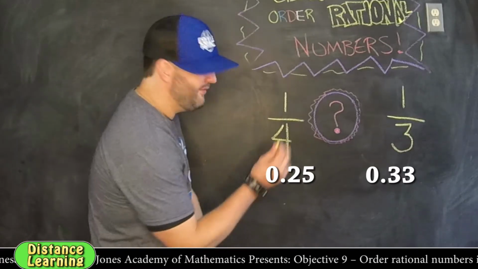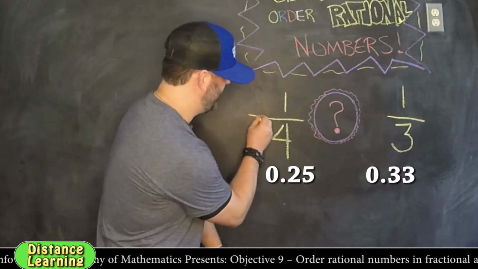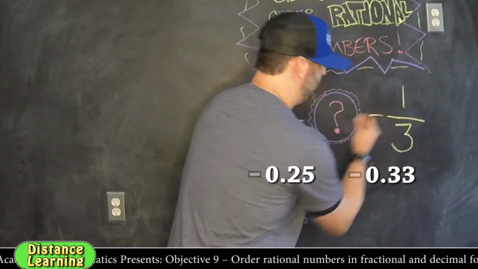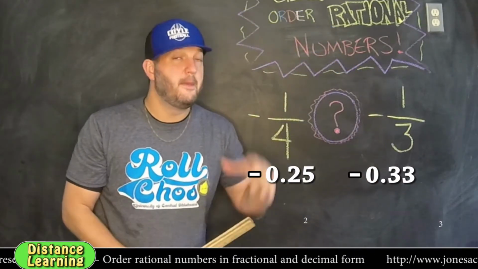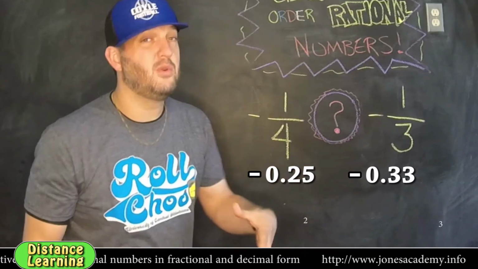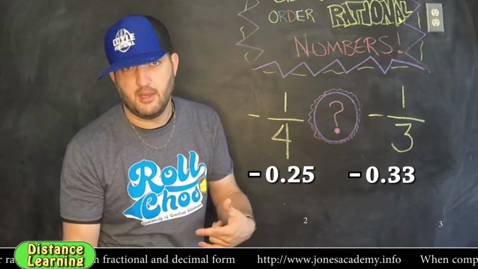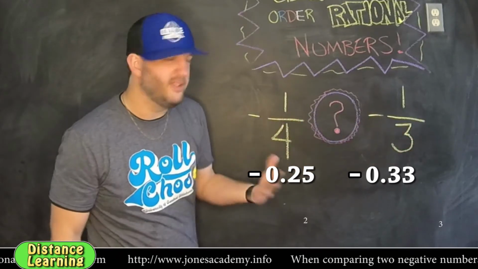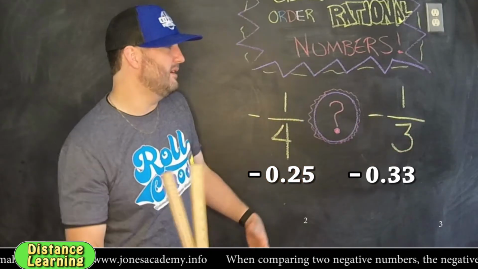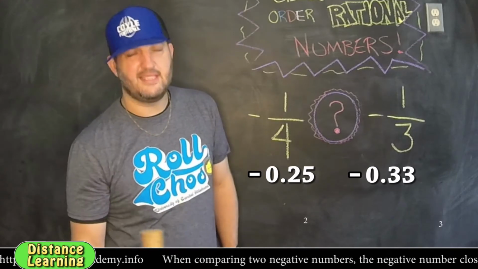What happens if instead of both of them being positive, they're both negative? When two numbers are both negative, the bigger number is the one that's closer to 0 on a number line. But let's think of negative numbers as like evil, right? They're both bad, but the bigger number is going to be the one that is less evil.